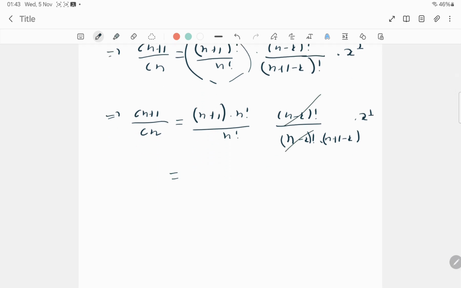So this will go away, and then we have the factorials that simplify here. So we have n plus 1 over n plus 1 minus k times x to the first power.